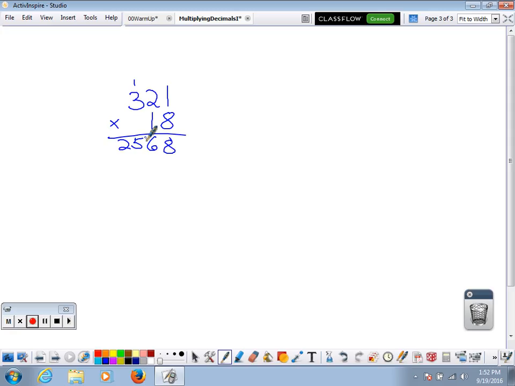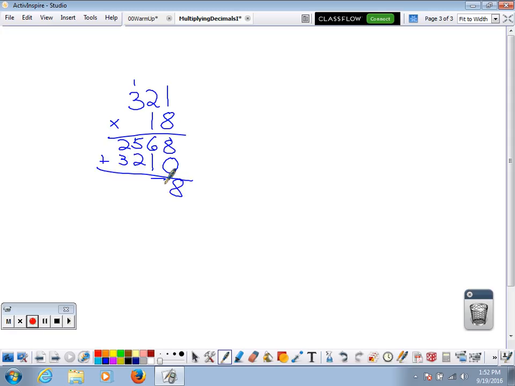What is that? 10. So because I'm multiplying by 10 and not by 1, I need to represent that I'm not multiplying by 1. I'm actually multiplying by a tens place. So that's why we need that 0 there to move everything else over. Understand now? Okay, so then I'd multiply 1 times 1 is 1, 1 times 2 is 2, 1 times 3 is 3.